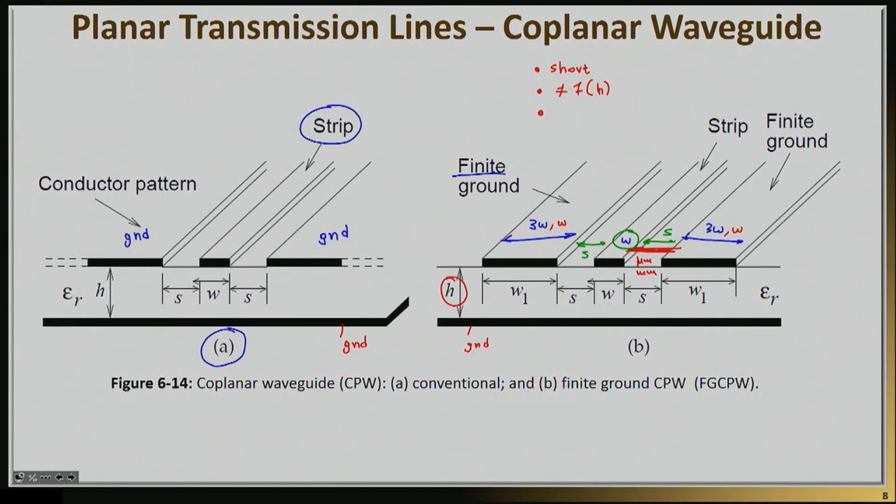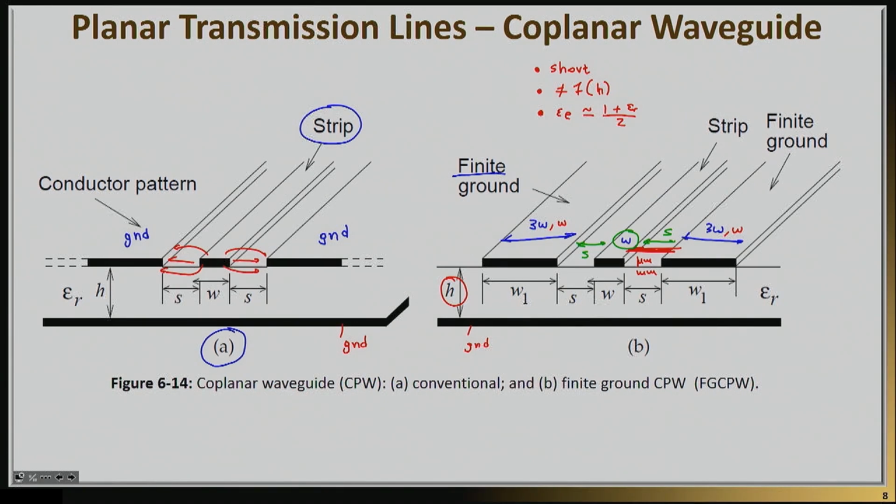A few more advantages that are a little bit harder to see. One is that your effective dielectric constant here is almost exactly the average of the one in air and the substrate. The reason for that becomes evident if you see the electric field in the CPW line. It turns out that almost half of the field lines are in air, and almost half of the field lines are in the substrate.